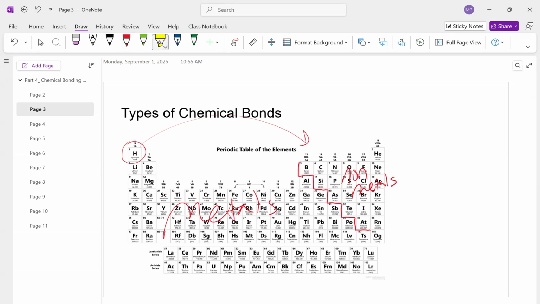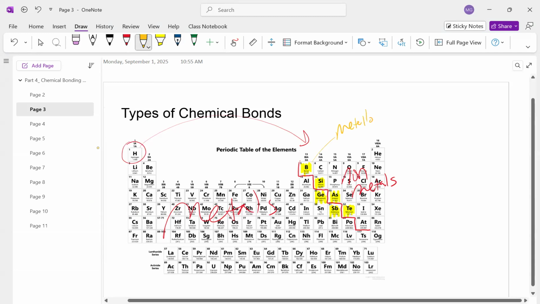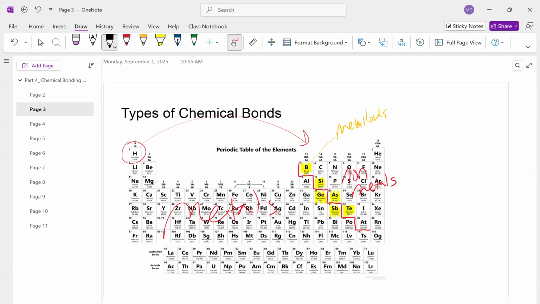Now, there is a series of atoms that I hadn't highlighted before, but I want to highlight now because the discussion might come up periodically. There are some elements like boron, silicon, germanium, arsenic, antimony, and tellurium. Those ones that I highlighted in yellow, we refer to as metalloids. The reason we call them that is because sometimes they have the properties of metals and sometimes they have the properties of nonmetals.